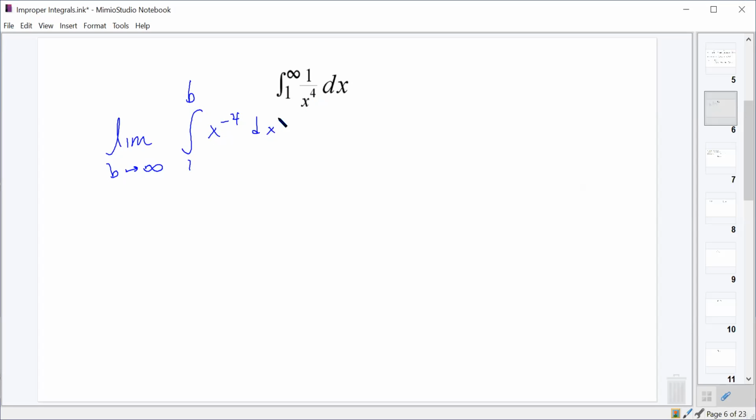And so all we have to do is integrate x to the negative 4th. What's the integral of x to the negative 4th? Negative 1 over 3x cubed, right? Up to x to the negative 3 divided by negative 3, and the x to the negative 3 drops to the denominator, from 1 to b.